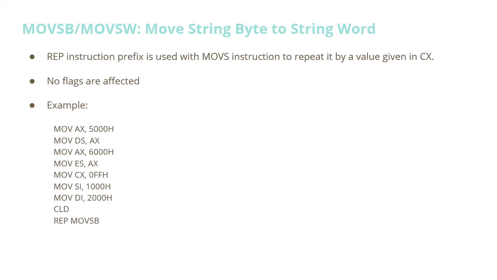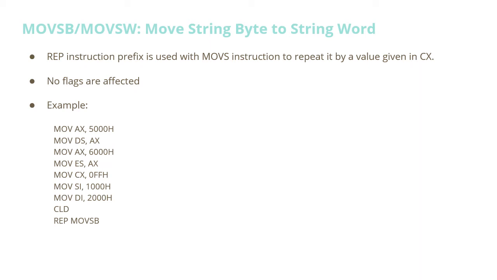We'll use the following set of instructions to better understand the MOVSB or the MOVSW instruction. The first instruction is MOV AX, 5000H. This means the segment address of the source is moved into AX. Next instruction is MOV DS, AX, where the value in AX is loaded into the data segment register.